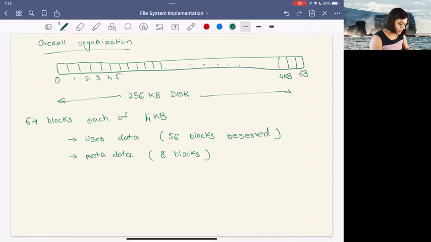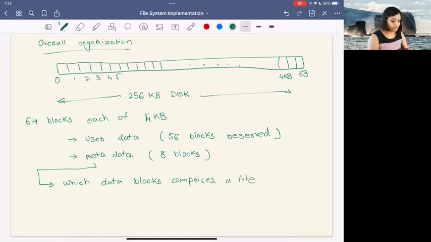Now, what does this metadata store? This metadata stores things like which data blocks comprise a file.